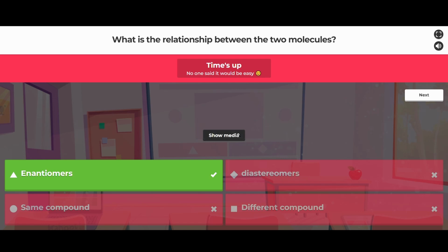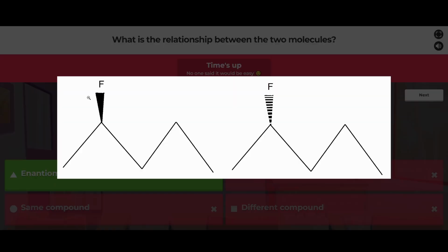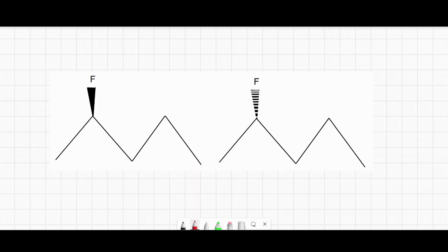Anyway, yes, these are enantiomers. If you recall from question 3, I showed a couple of examples of how to recognize enantiomers. Both have the same chiral center, and they're written in the same orientation, kind of left to right. It's just that the wedge flipped to a dash in one of them.